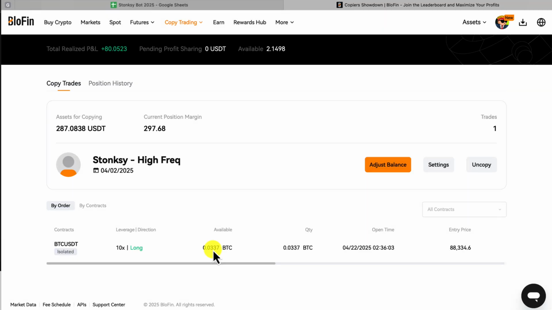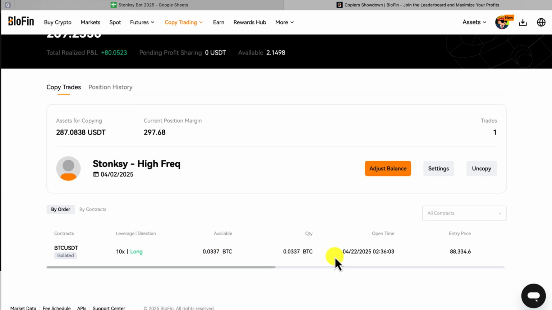And here we are the following morning on the 22nd of April 2025, and you can see here that the bot did open up a new trade at 2:36 in the morning when I was completely asleep and totally oblivious to what the bot was doing. And you can see what it did. It used all the available capital.